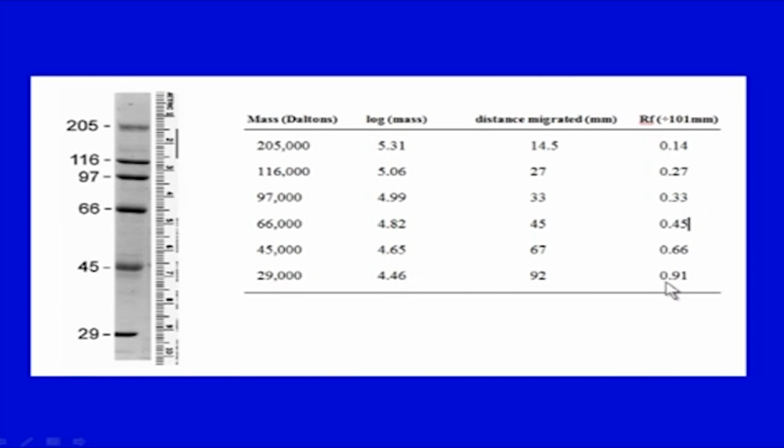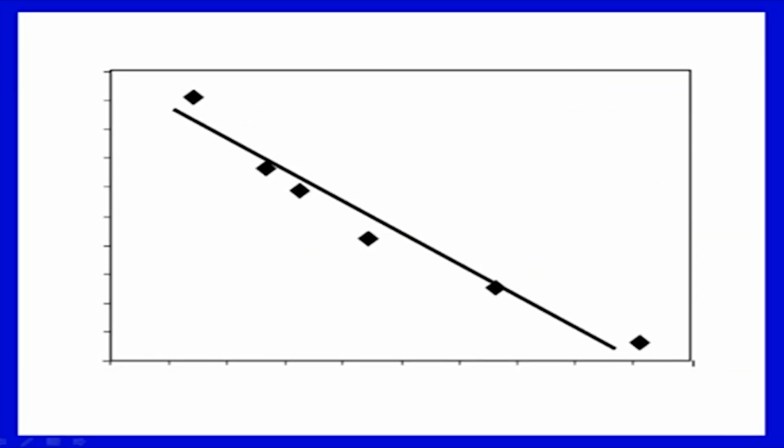So, RF value can be calculated by dividing by the total gel length, and then you can plot the log molecular mass against the RF value, and this standard curve can provide you the size of the unknown sample. So, this is how very easily an approximate molecular mass could be calculated here.